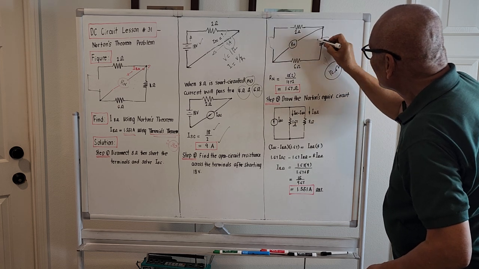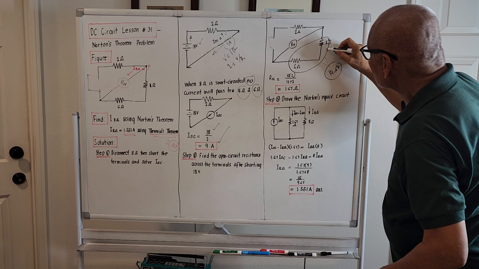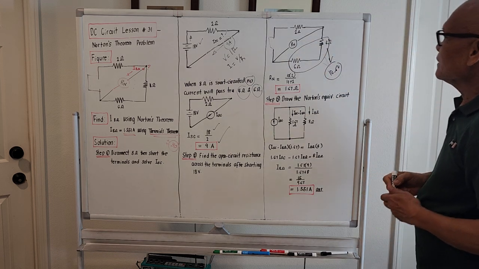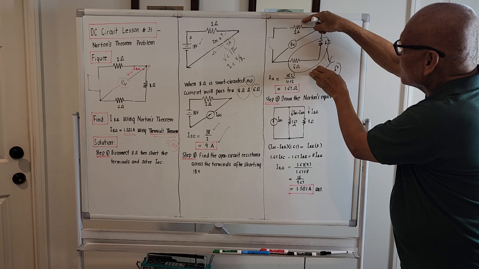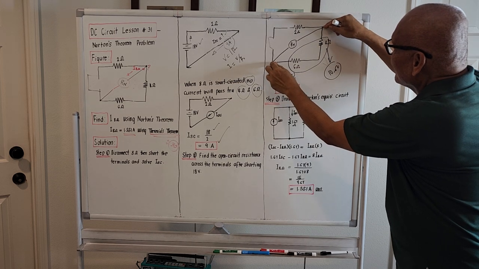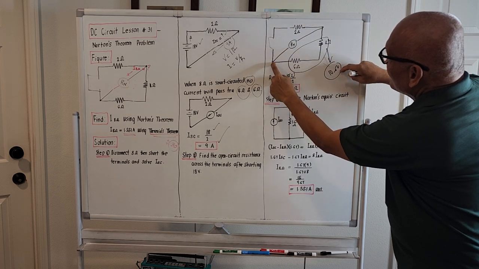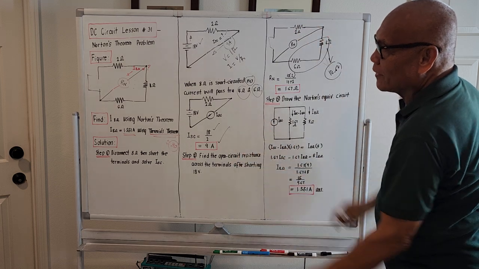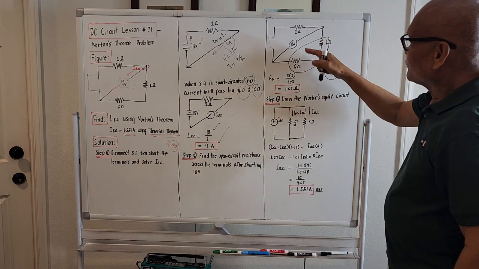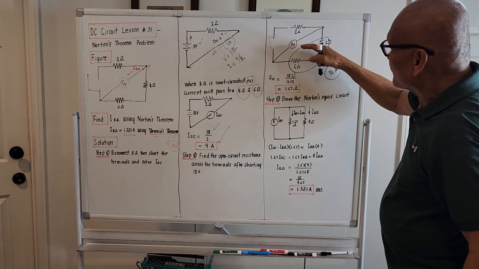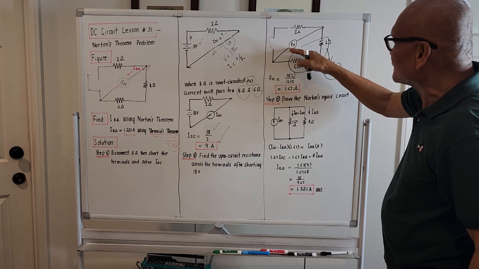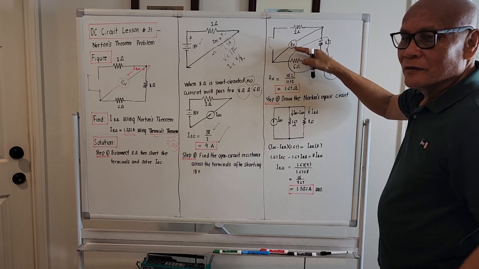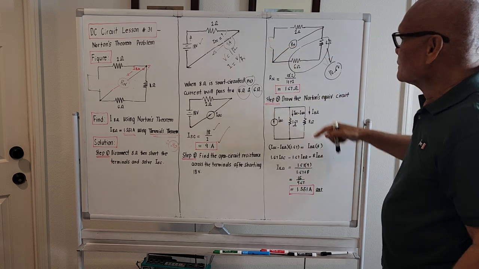So this is 10 ohms, this is 2 ohms, and with respect to these two terminals, this 10 ohm and 2 ohm are actually in parallel. So if we now try to compute for capital letter R with the subscript N, this N here refers to Norton's.